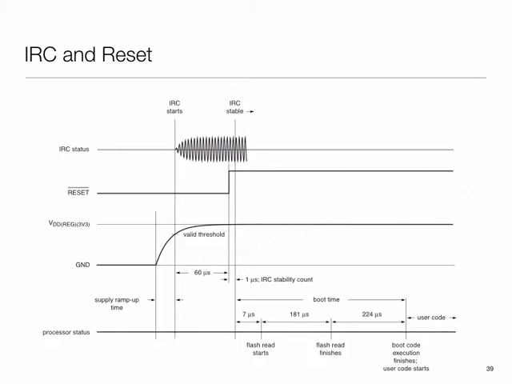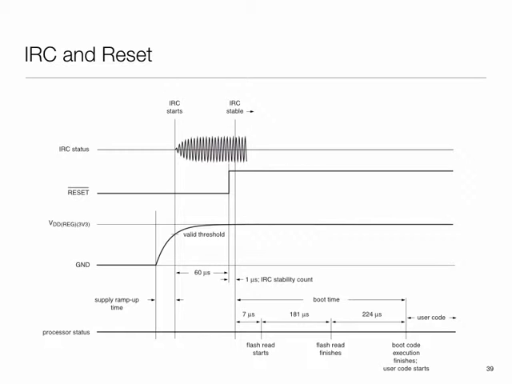Usually you would see a specification like you must apply a reset signal in the initial part, and that is because even the internal clock takes some time to become stable. So that's what's happening in this initial portion: you have to wait until the internal RC oscillator is stable, and at that point you can begin to operate off that.